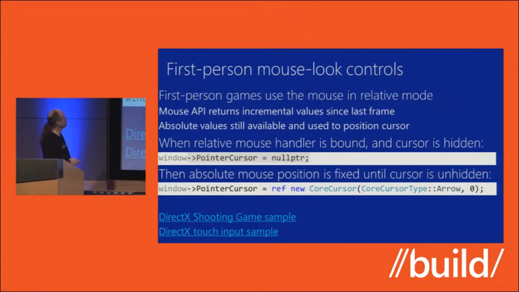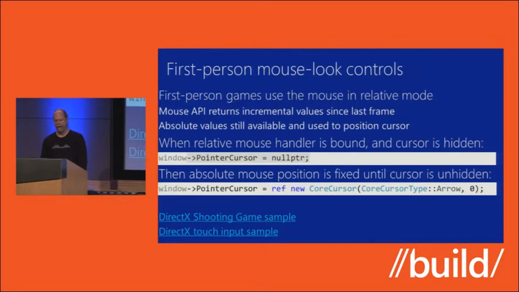The way it works is, in those types of scenarios, the mouse actually needs to be turned into a relative device. We have to get back relative data from the mouse, not absolute mouse position.